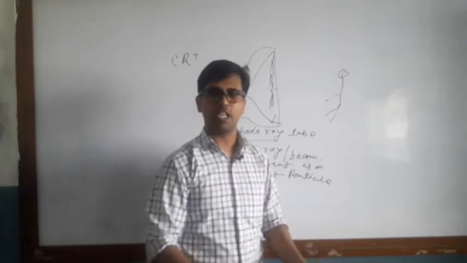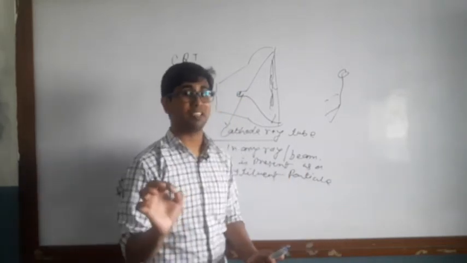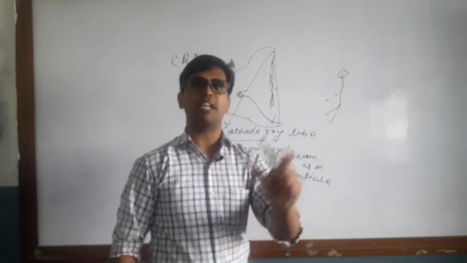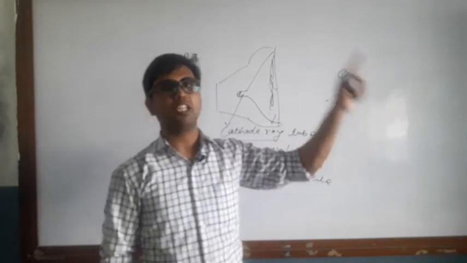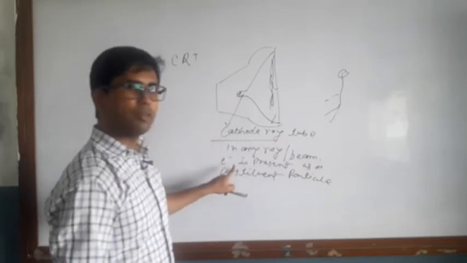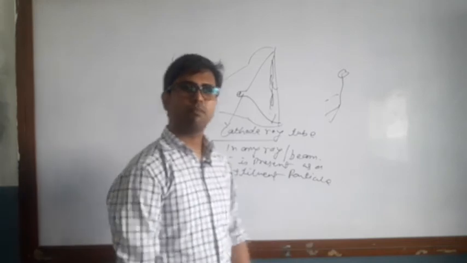Cathode ray, anode ray. In anode ray, positive particles are present. In cathode ray, negative particles are present. And which particle is present? The electron. If in any beam electron is the major part, like in light photon is the major part, then that ray will be called cathode ray, or cathode beam.